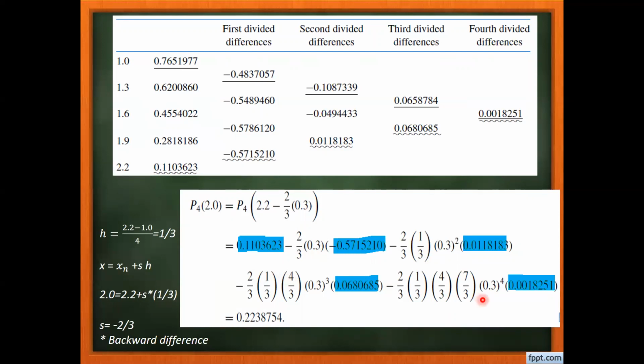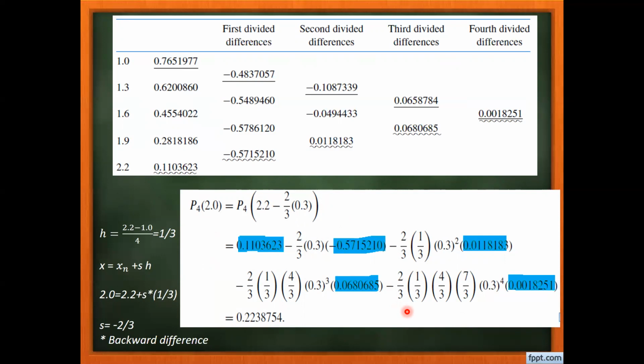So once again, write the backward divided difference polynomial on paper and then try to understand this example. Now we are done with the forward difference interpolation and the backward difference interpolation.